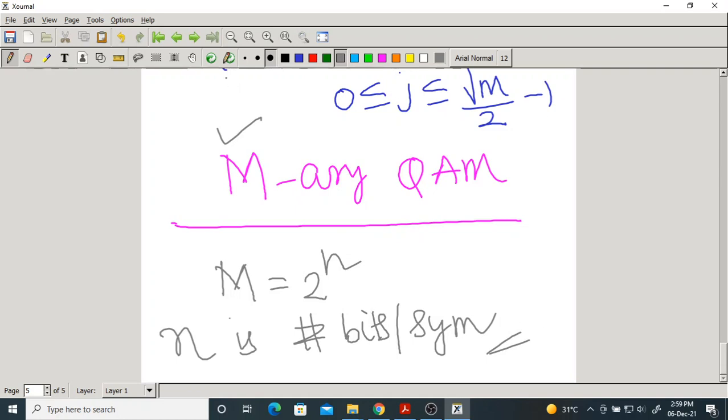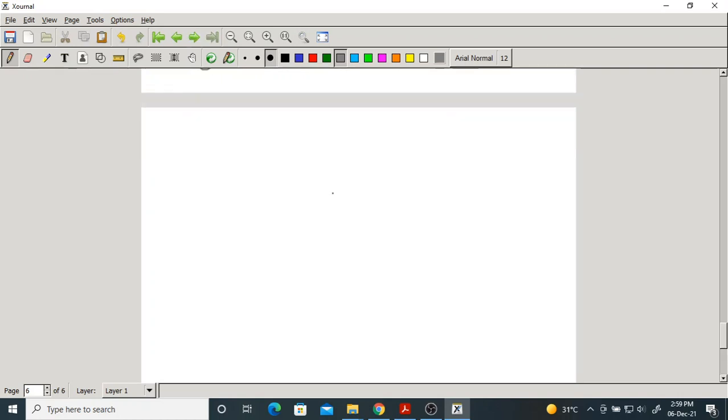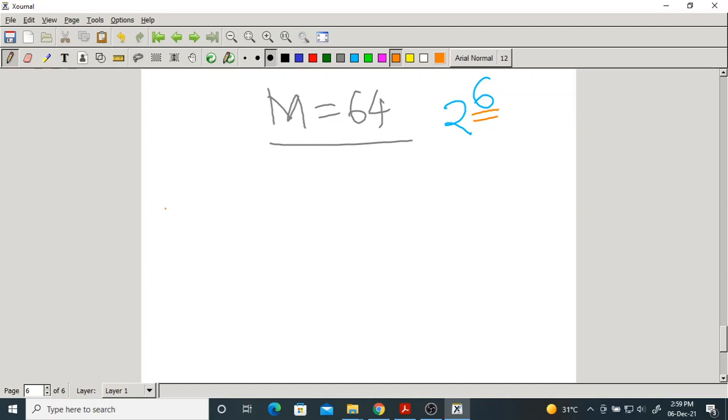Now suppose I take M equal to 64. So 64 is 2 power 6, isn't it? Which means we have 6 bits per symbol. So it is called 64 QAM.